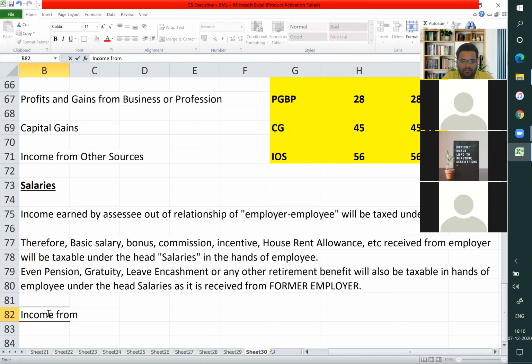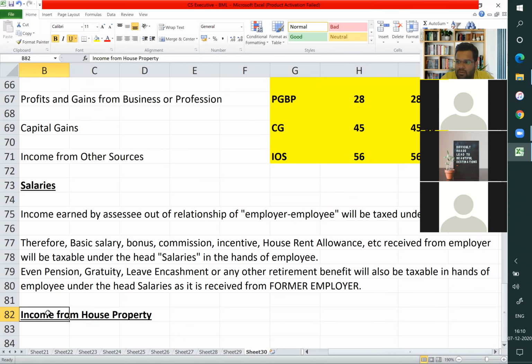Now tell me, what do you think will be taxed under the head of house property? Okay, suppose you have two houses. One of the houses you are giving on rent. So yes, that rental income will be taxable under the head of house property.